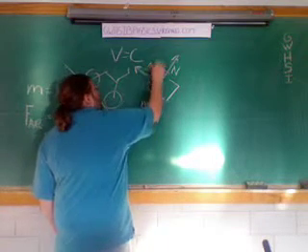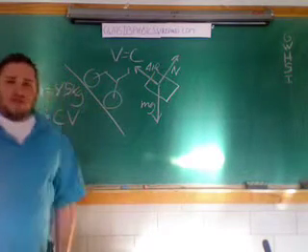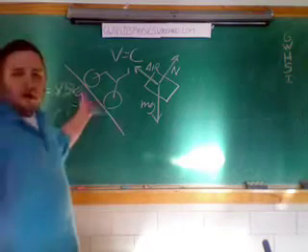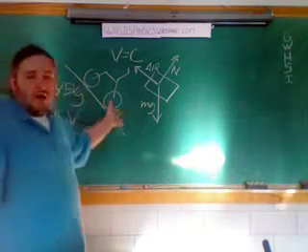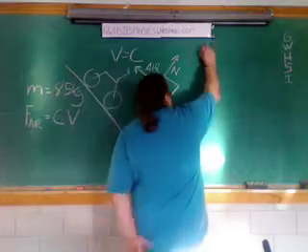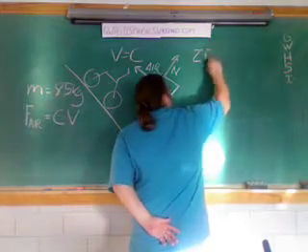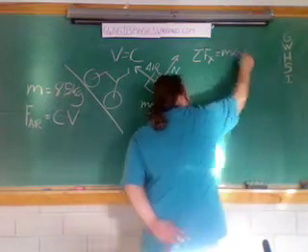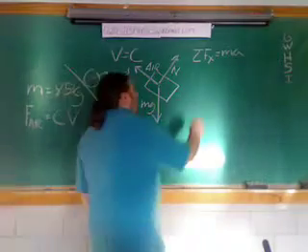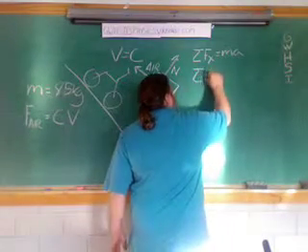Talking about Newton's second law and orthogonality, I can make the equations: forces in the x equals mass times acceleration in the x, forces in the y equals mass times acceleration in the y.